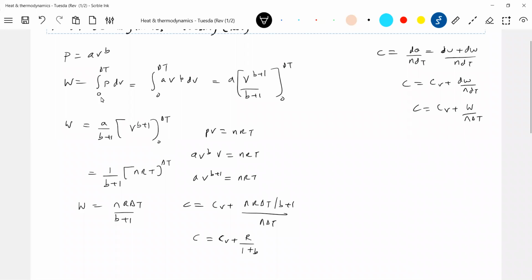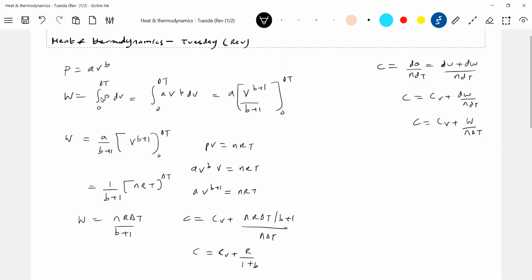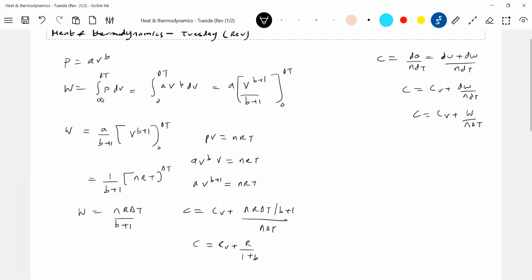Let's see that. B equal to 1. What process will it become? I just want to summarize everything in one numerical. For B equal to 1, we will see the molar heat capacity, and then what process it will become. B equal to 1 gives Cv plus R by 2. B equal to 1 means P proportional to V. It's a general thermodynamic process.